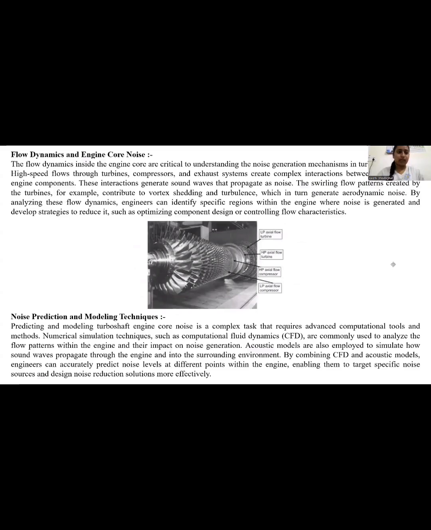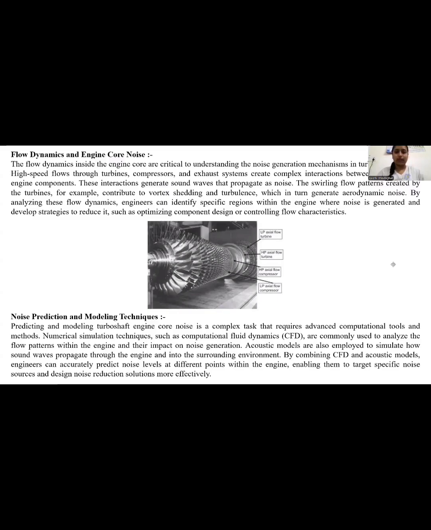Flow dynamics and engine core noise. The flow dynamics inside the engine core are critical to understanding the noise generation mechanism in turboshaft engines. High-speed flow through turbines, compressors, and exhaust systems creates complex interactions between fluid and engine components. This interaction generates sound waves that propagate as noise.